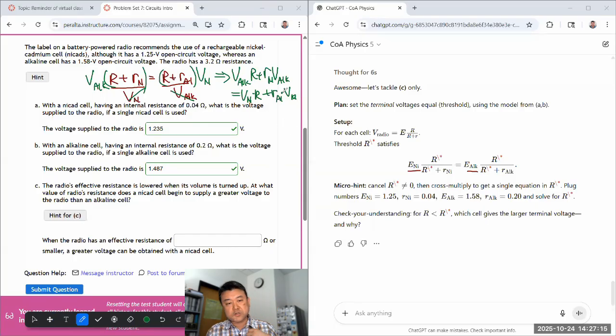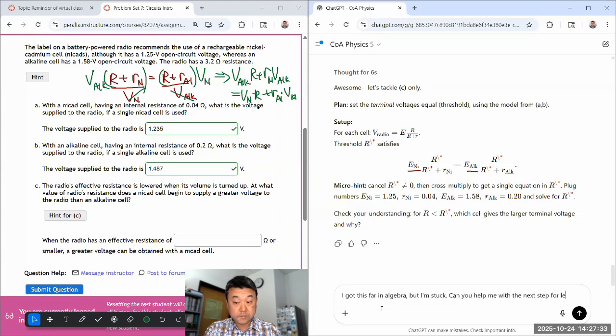So if someone's struggling with the algebra, this is where it should have told you to collect the like terms in R. I got this far in algebra, but can you help me with the next step for solving for R?